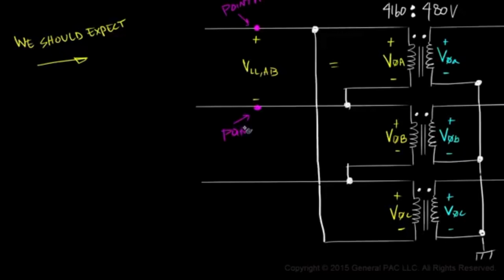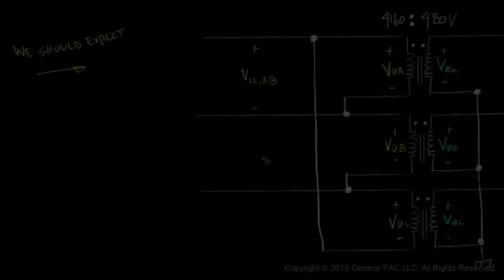Label point A and point B. Point A is the same point on the line as the polarity side of winding A, and point B is the same point as the polarity side of winding B. So if we measure across point A and point B, we actually measure across the polarity side of winding A and the non-polarity side of winding A, which we defined as our phase voltage.